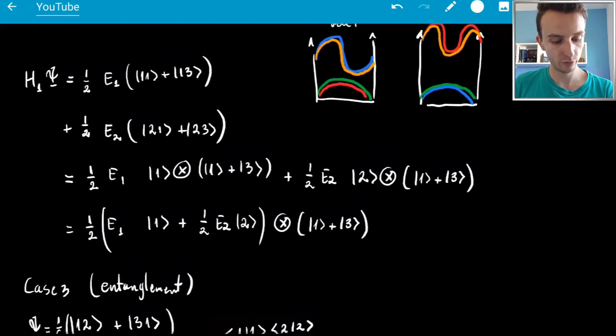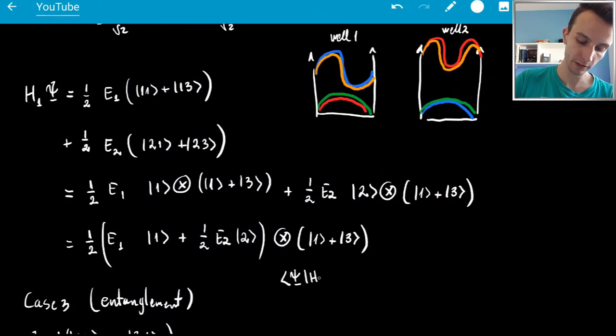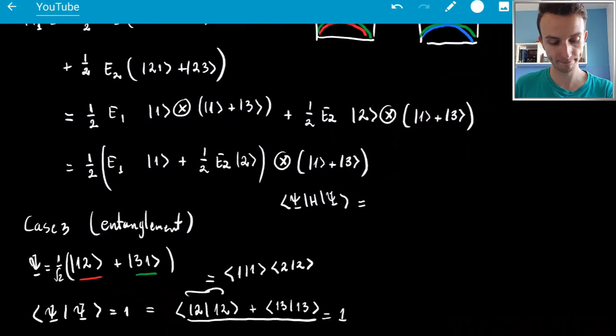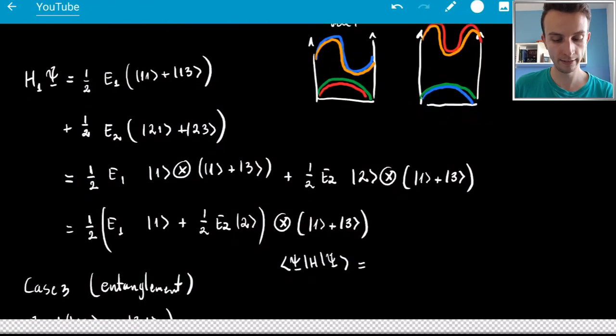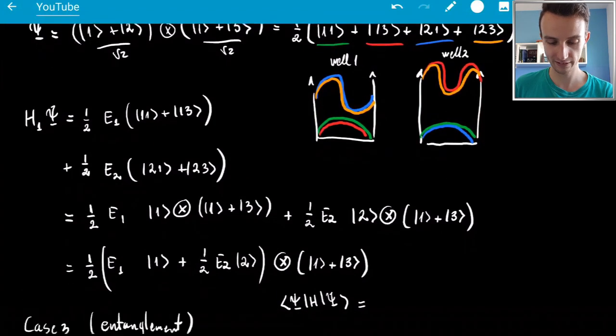In the previous case, if we checked what the probability was here, so psi H psi, if we check this, what would we get? This one's a bit more complicated. So where's the whole thing? Yeah, this one, the underlined one.